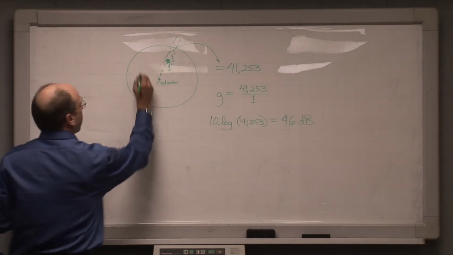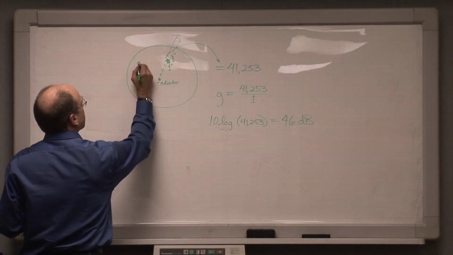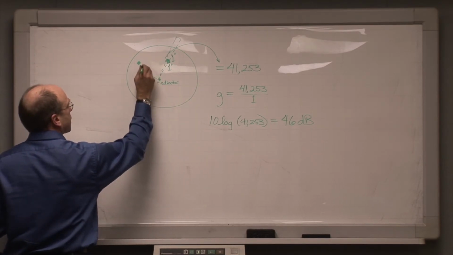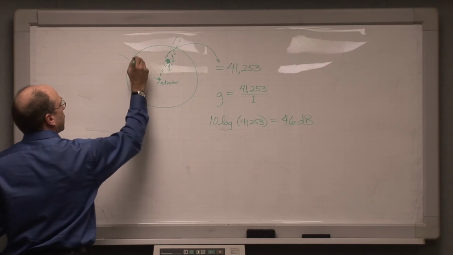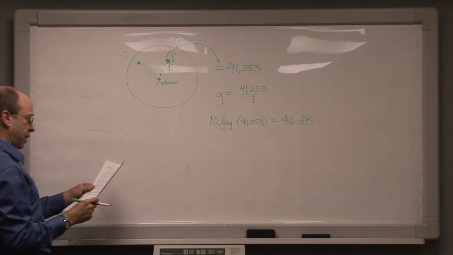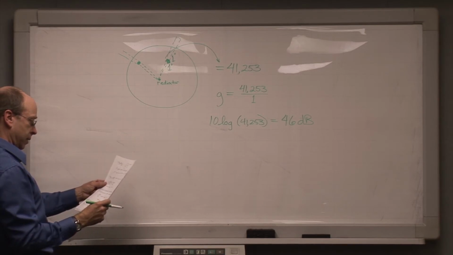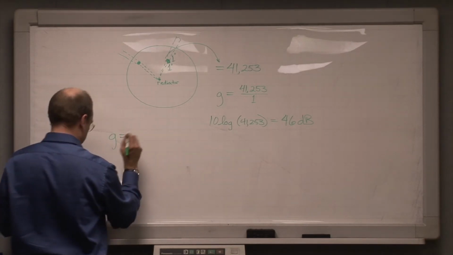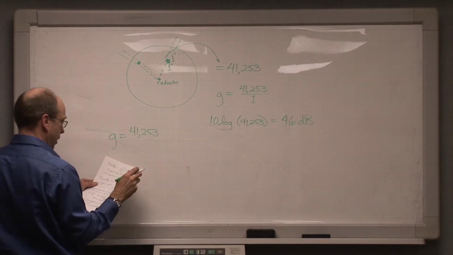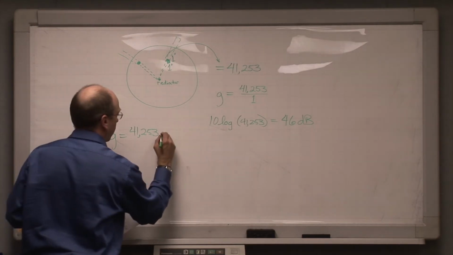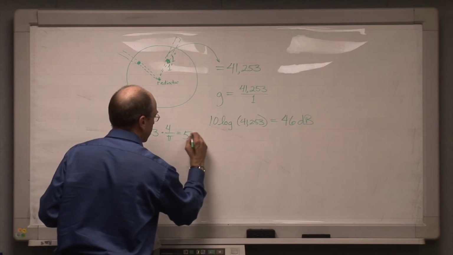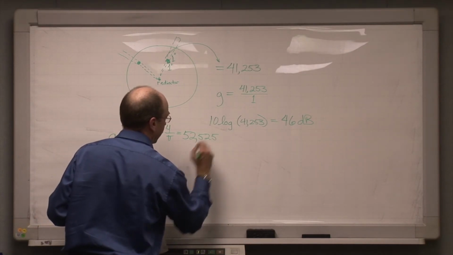Now, if we more accurately model this not as a rectangular zone, but as a zone with a little circular cross section, then the number changes slightly, and what we get is that G is equal to 41,253 times 4 over pi, and that's equal to 52,525.